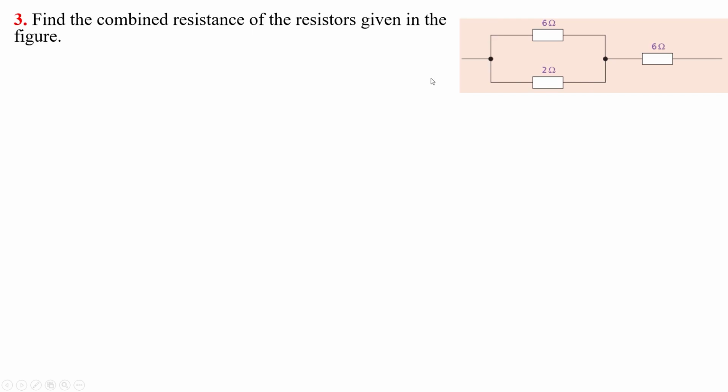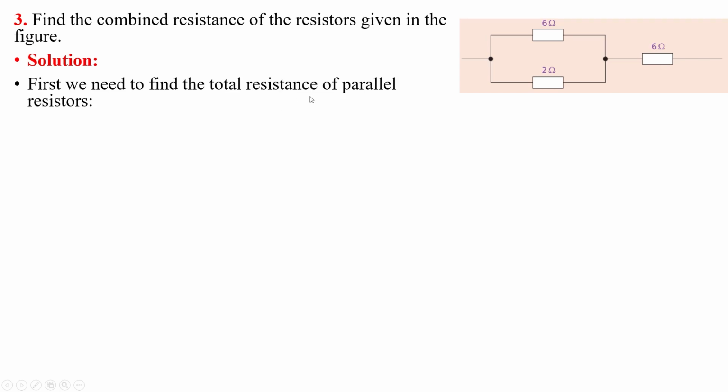Now here again, find the combined resistance of the resistors given in the figure. There are two resistors connected in parallel, and this parallel combination is connected in series with one single resistor. First you need to find the total resistance of the parallel combination, and then add that value to the 6 ohm.